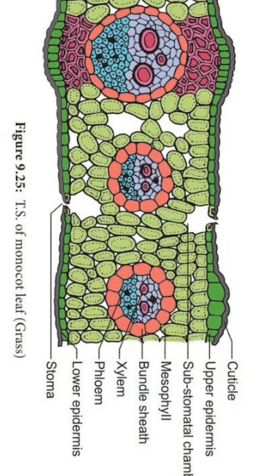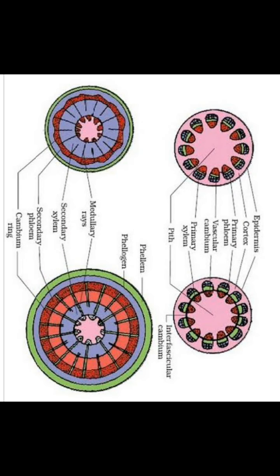Clear? Then students, let's discuss one more important concept in this class, secondary growth. First of all, what is meant by secondary growth? After completion of primary growth, the plant continues with secondary growth. So the primary parts become secondary parts.